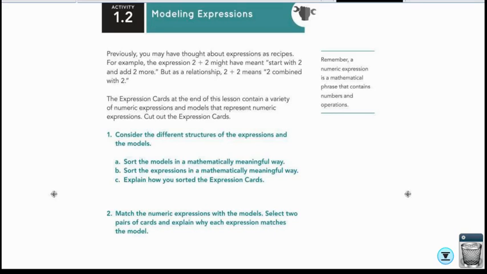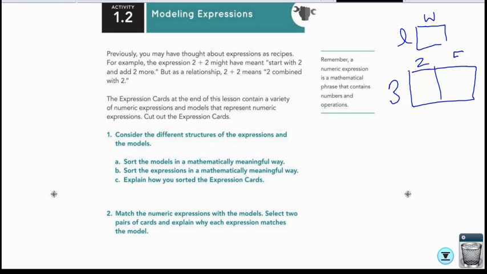In activity 1.2, we're going to need to go to the cutout where you cut out some shapes and we're going to match them. And I just want to remind you that with our geometry, I have length times width. But if I were to change this a little bit and have a longer rectangle that's cut in half, the way I would write this, say this was 3 long and then I had 2 and 5.